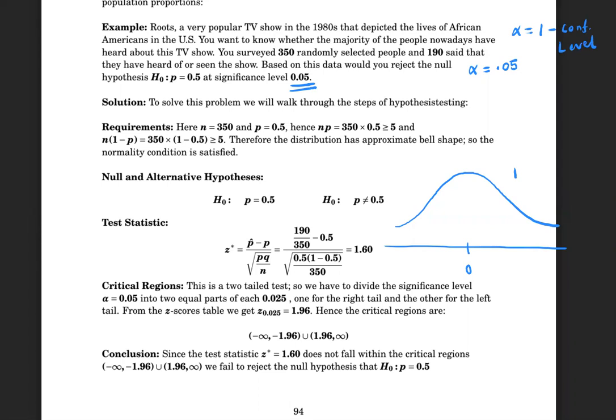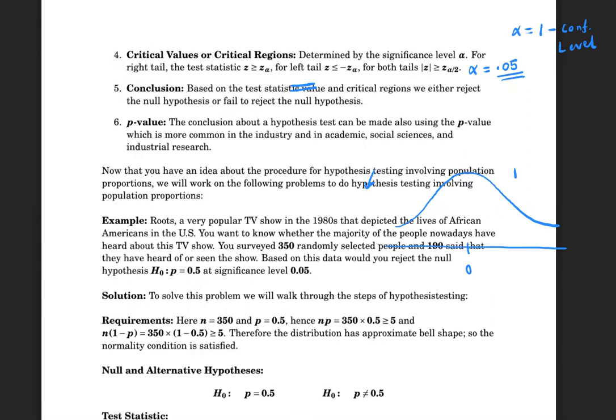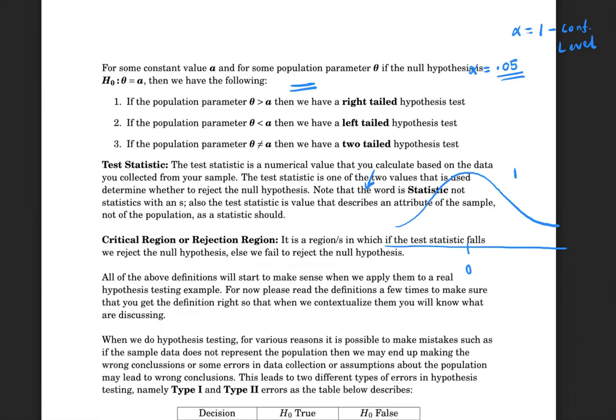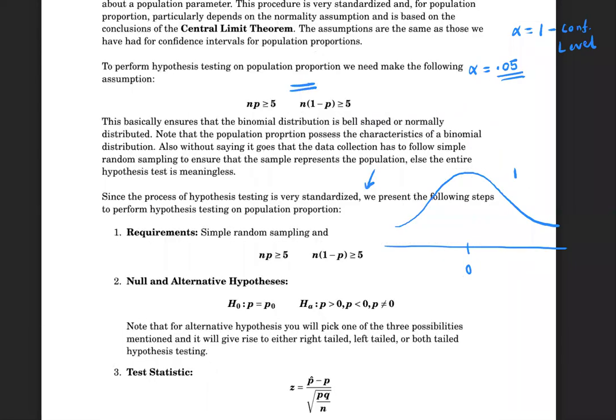This alpha will be distributed either in one tail or in two tails. Whenever you have not equal to, let me bring back the thing we talked about. Right here, look. If it is not equal to, you have to do two-tailed hypothesis testing. We are testing not equal to, so two-tail testing.